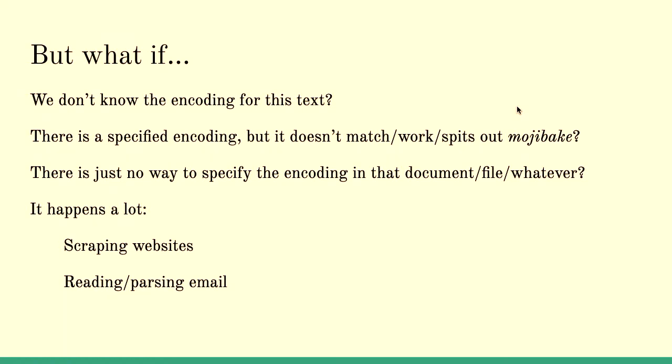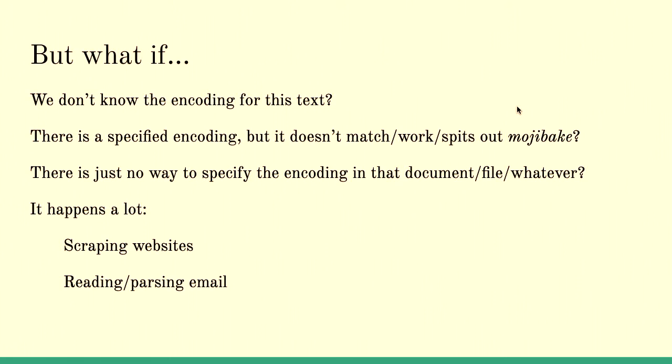But what if we don't know the encoding for this text? Or there is a specified encoding, like in an HTML document, but it doesn't match, or it spits out characters that we can't see, or jumbled characters, or what the Japanese call mojibake. Or maybe there is just no way to specify the encoding in that document or file.